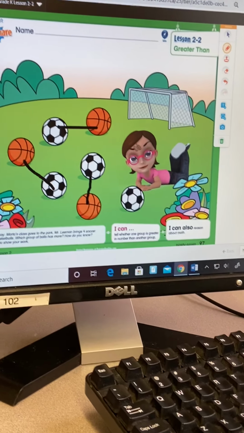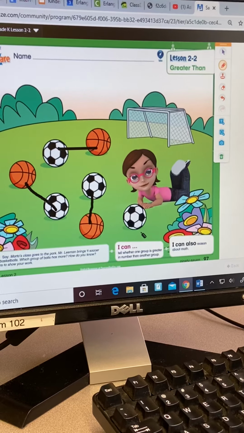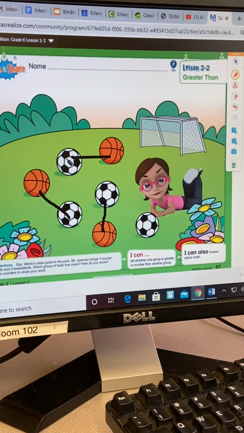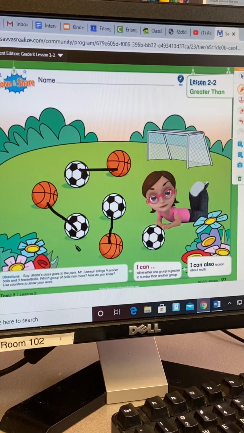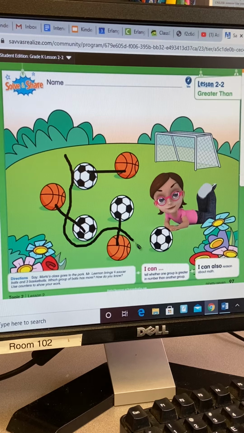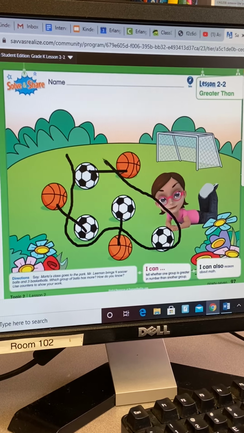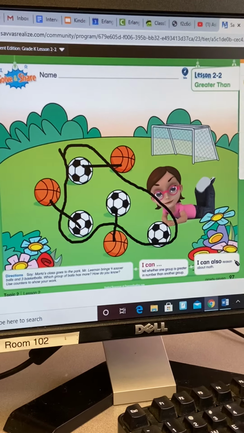Oh, and I notice that I have one soccer ball left. So this tells me I have more soccer balls than I do basketballs. So I'm going to circle my soccer balls to show that I have more, a greater amount than I do basketballs.